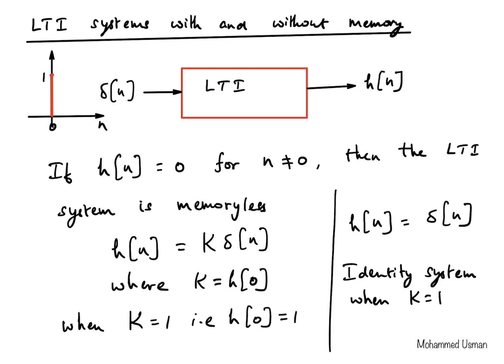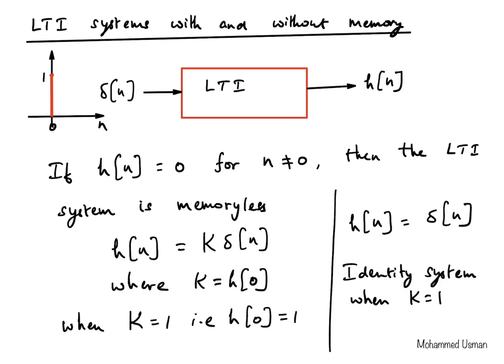If h of n or h of t has a non-zero value for n not equal to 0, then automatically we can say that the system is a system with memory. It could still be a linear time invariant system, but with memory. So we can identify whether the system has memory or not by observing its impulse response.